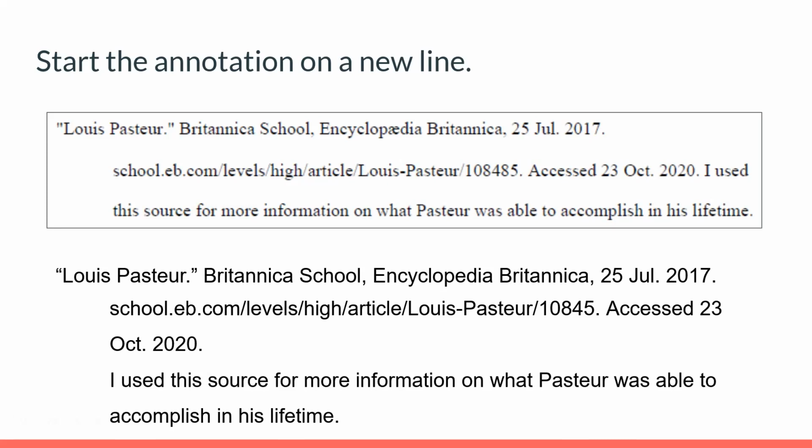That way the judges can quickly see, okay, this is the citation and this is the annotation. And that helps them focus and get the information quickly and easily for your audience. Again, be consistent with how you do this though. Don't do some of them where it keeps going and some of them where you put it on the new line. If you're going to make that decision, do it throughout.